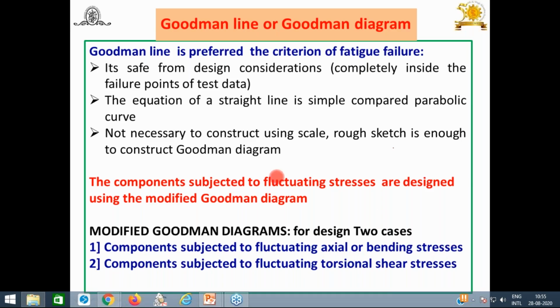So you can write in your notebook also, modified Goodman diagram for a component subjected to fluctuating axial or bending stress. Today we will see only this one case, and then later on we will discuss in next week the second case, that is torsional shear stress. Now let us move towards this first case, component subjected to fluctuating axial or bending stresses.